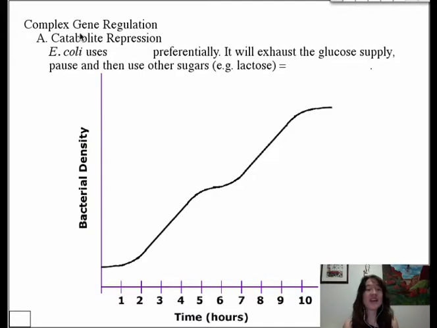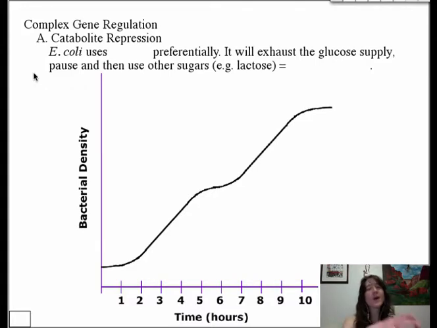So first off, catabolite repression is one of those circumstances. When we think about the term catabolite, essentially what that means is food source. That is something that can be catabolized or stripped and ripped of its high energy electrons.